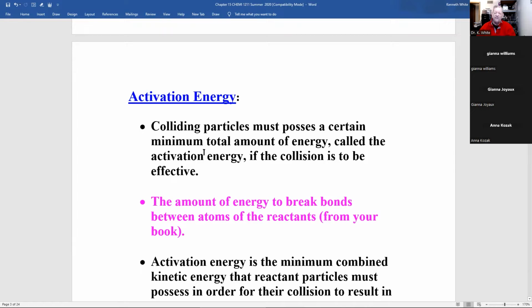And what we mean by effective is have a chemical reaction occur. So when two particles come together, if they just come together and go, think, that may not be enough energy for a chemical reaction to occur. They have to have the minimal amount called the activation energy, and they come together and go boom, and they react.